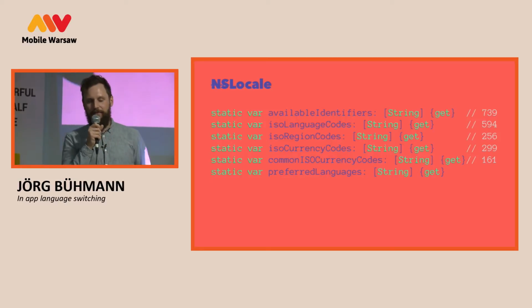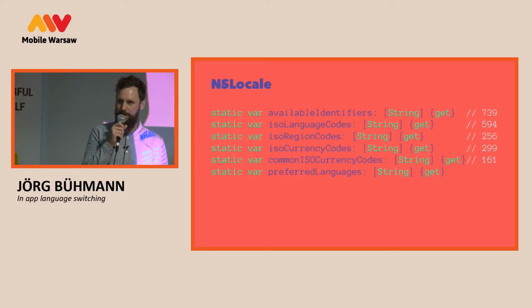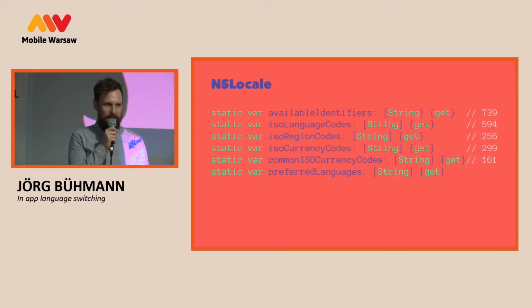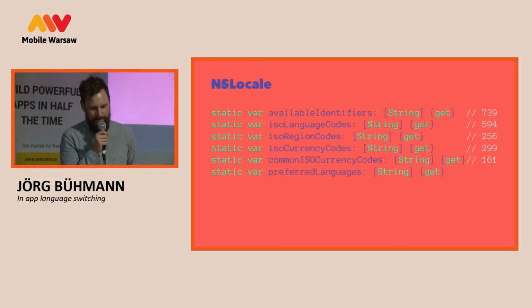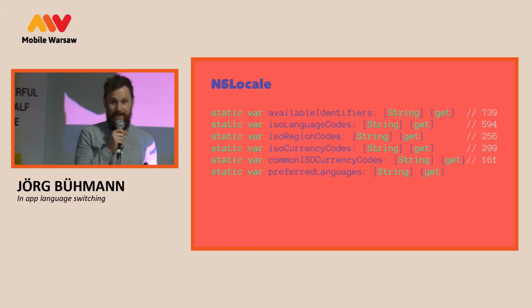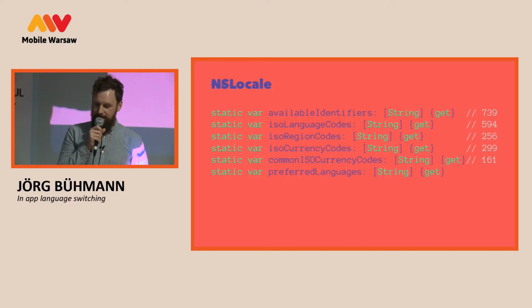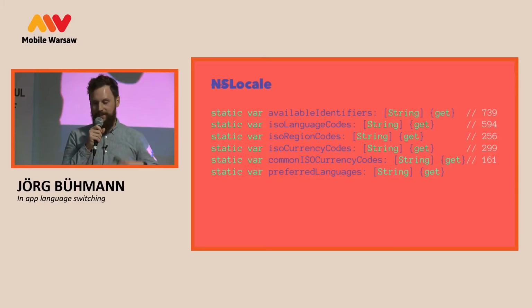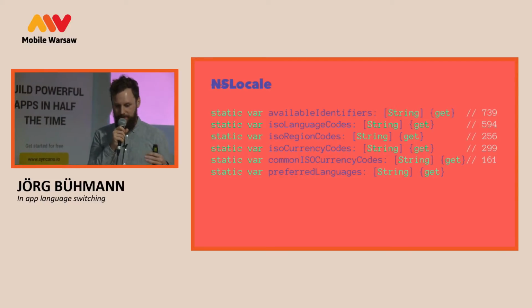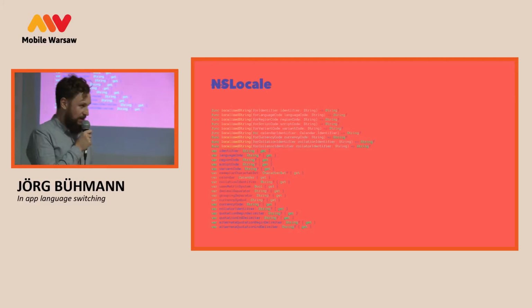There exist like 594 languages. And there are a lot more languages in the world, like tens of thousands. But if you really want to be thorough with the localization, 594 are the ones that at least iOS supports. And you have the corresponding region codes and so on and so on. It's terrible. It's a lot.